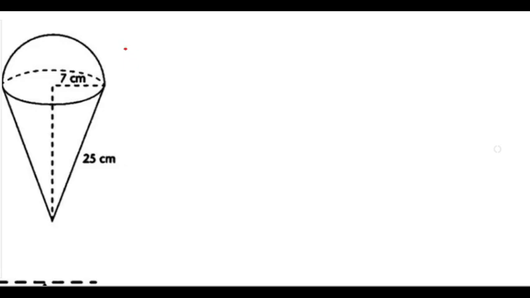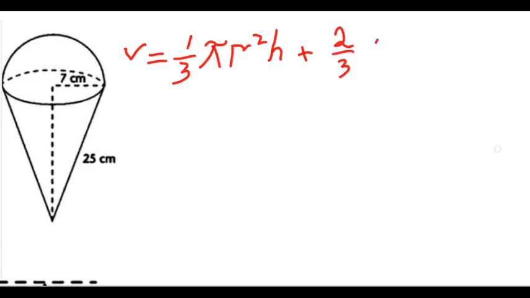So the volume formula is going to be volume equal to, first the cone, 1 over 3 pi r squared h, plus 2 over 3 pi r cubed.